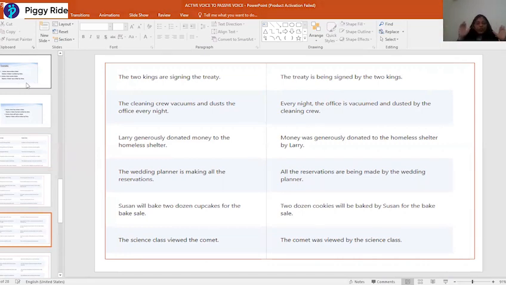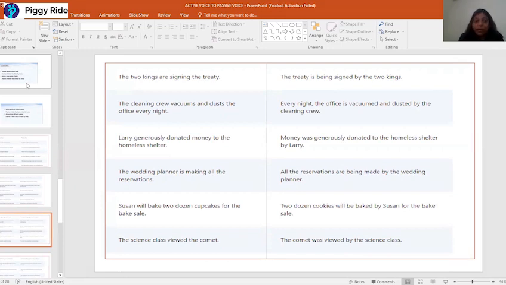Okay. The two kings are signing the treaty. The treaty is being signed by the two kings. The cleaning crew vacuums and dusts the office every night. Every night, the office is vacuumed and dusted by the cleaning crew. Laurie generously donated money to the homeless shelter. Money was generously donated to the homeless shelter by Laurie.